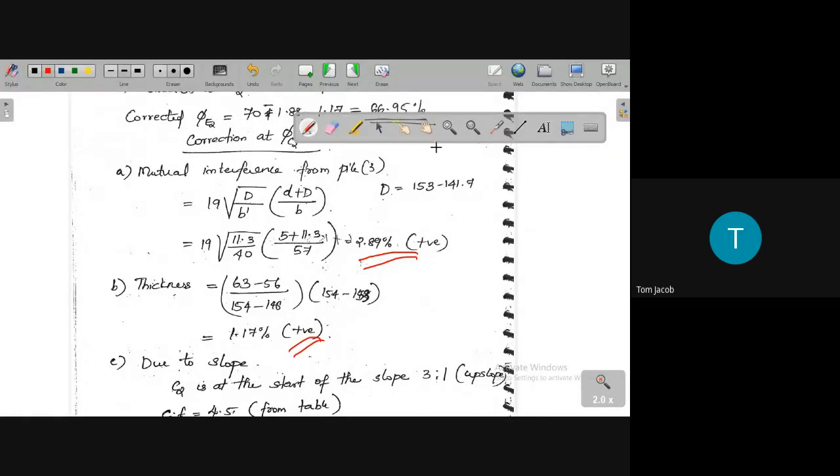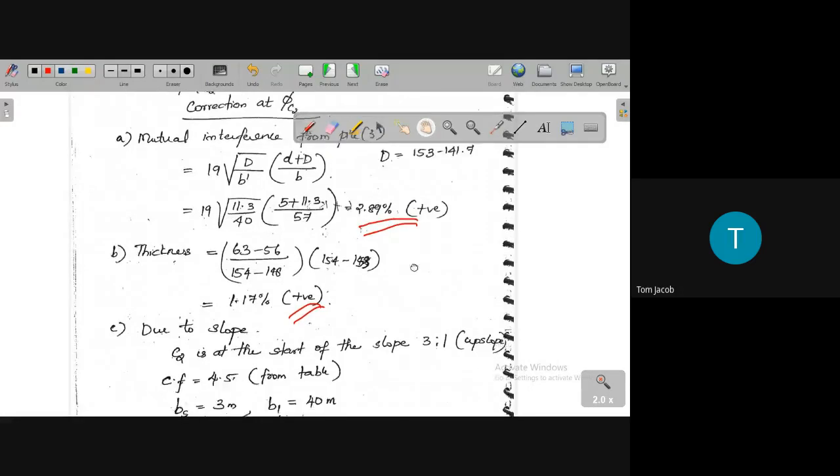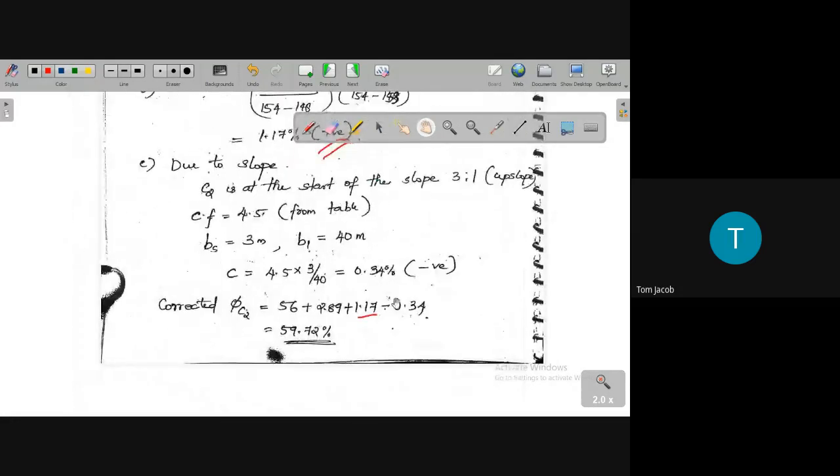Then the correction for slope is 0.34, which is negative. So the corrected 5C2 is 56 plus 2.89 plus 1.17 minus 0.34, so the corrected value of 5C2 is 59.72. In the same way, you should apply the corrections in the case of E2 with the values we found.